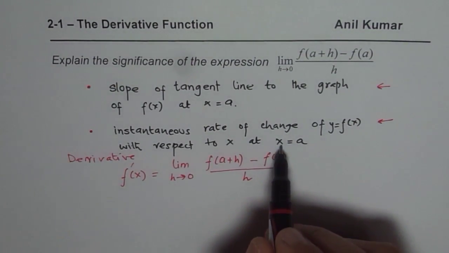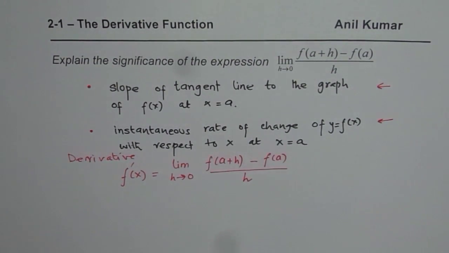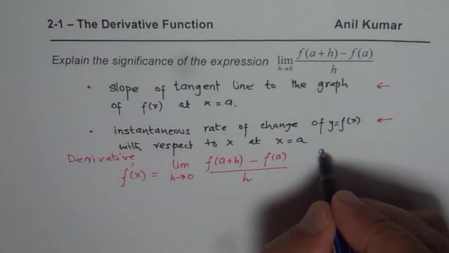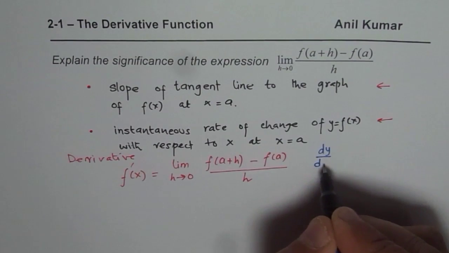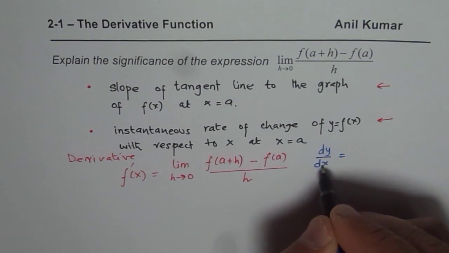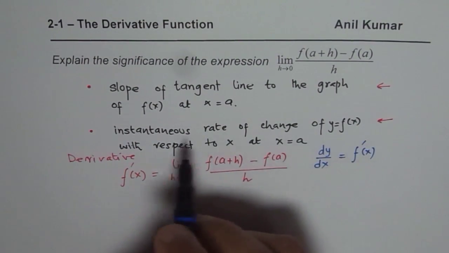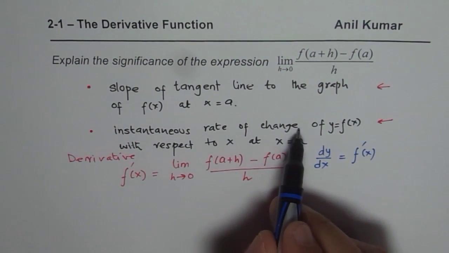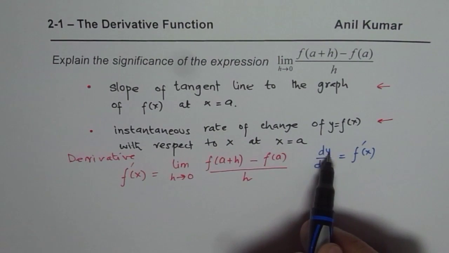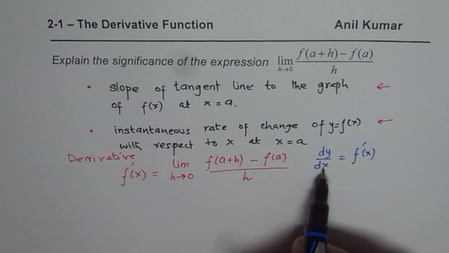equals a. So when we go for the second definition, at times we also write this as dy over dx. So dy over dx will sometimes be used instead of f dash x, since it is the instantaneous rate of change of y. So that is dy, the rate of change of y with respect to x, that is dx.